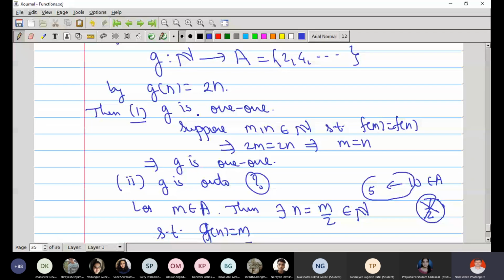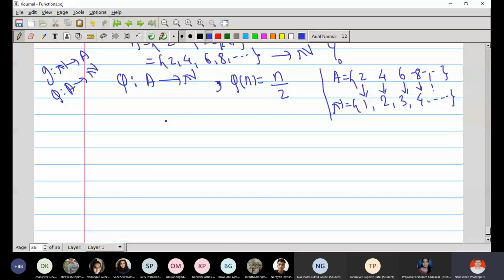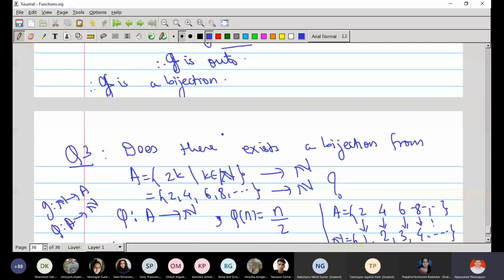So these two maps are opposite of each other. Then phi is a bijection. Do you agree? Yes, sir. So you verify this. Phi is a bijection, and phi is a map from even numbers to natural numbers.